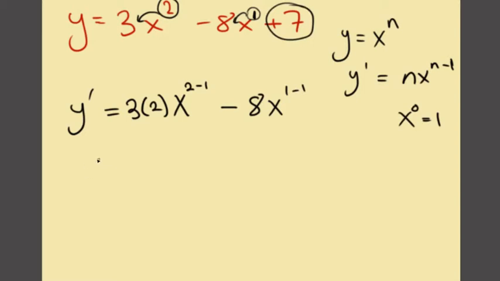Making this look a little neater, we get 6x minus 8, because as we said, this will become a 0, and so the x, regardless of what number it is, will become just a 1. So it'll be 8 multiplied by 1, which is just 8.